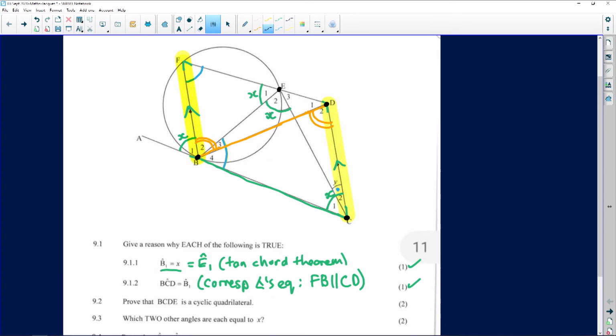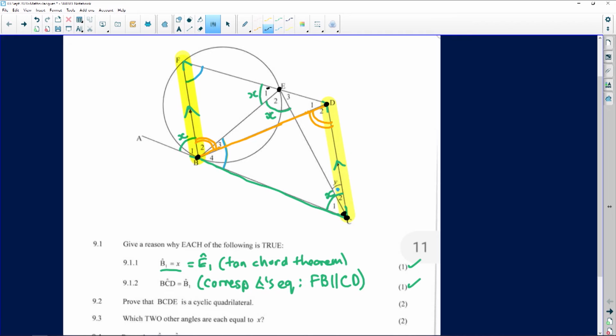Let's dig a little bit deeper. To prove this is a cyclic quad, we can prove that angles in the same segment are equal. In other words, E2 is equal to D2, or any of the others. Or we can prove that the exterior angle equals the interior opposite angle, which is the case here if we look at E and C1 and C2.